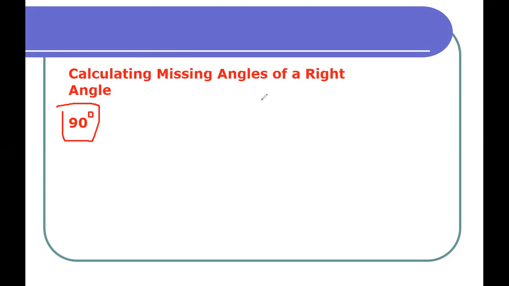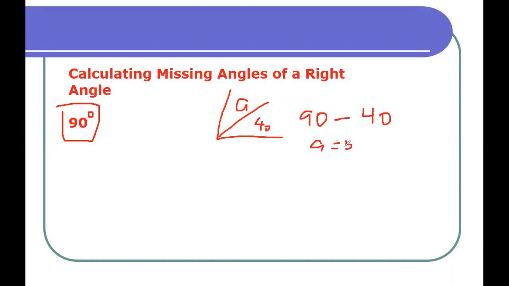With the given angle, for example, we have here the missing and the given, so we will just subtract. 90 minus 40, so A equals 50 degrees.